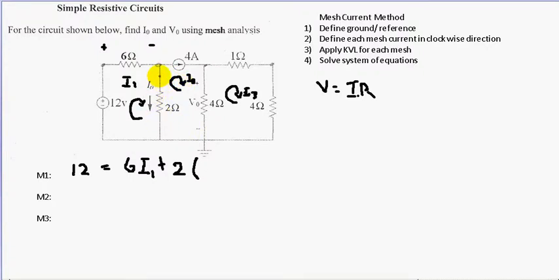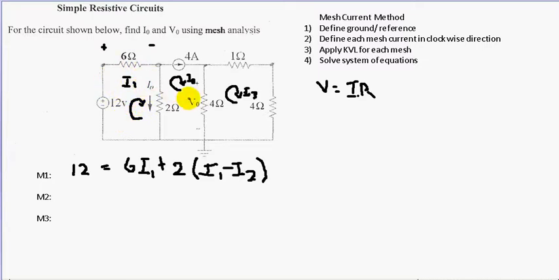Because I1 is going down the 2 ohm resistor, and also this mesh current is going down. So it's I1 minus I2, and we go back down to ground and back into the same loop.